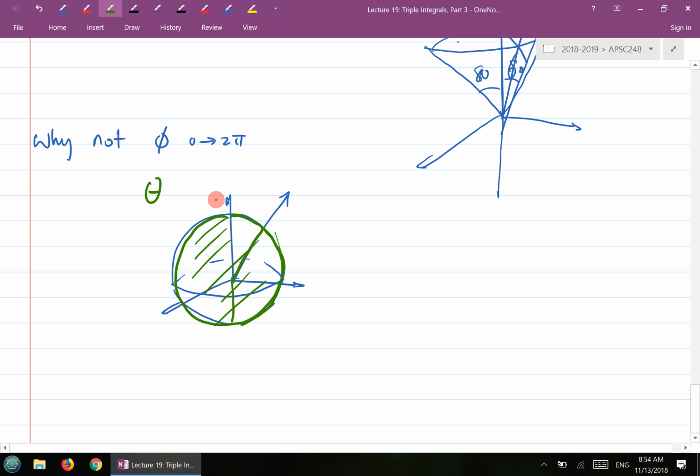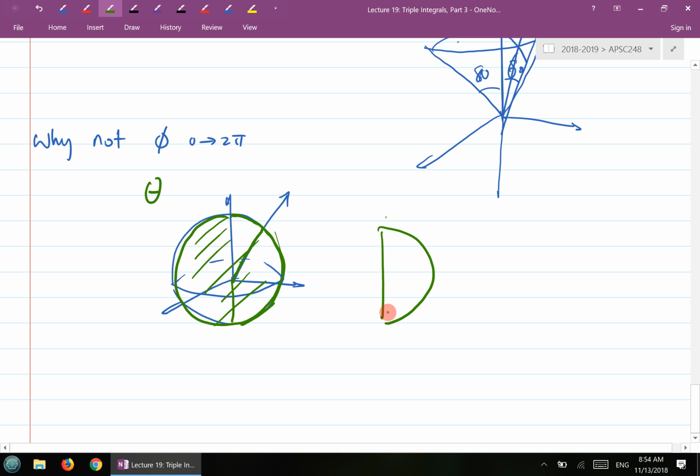Think about using SolidWorks. When you have a circle and you want to sweep that circle 360 degrees, what did you create? If it's a half circle, and I rotate the half circle 360 degrees, what do I create?